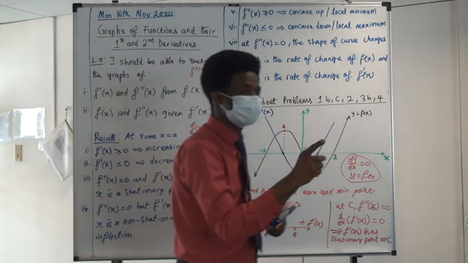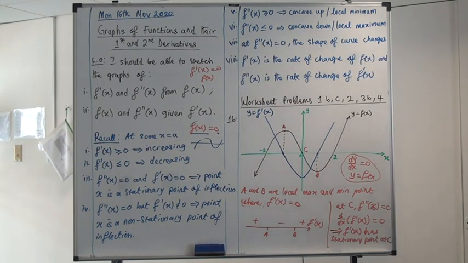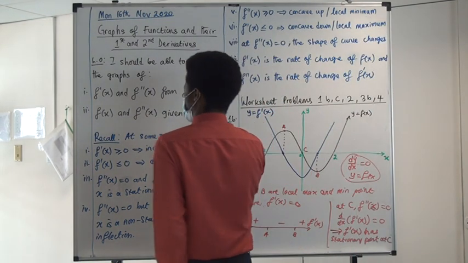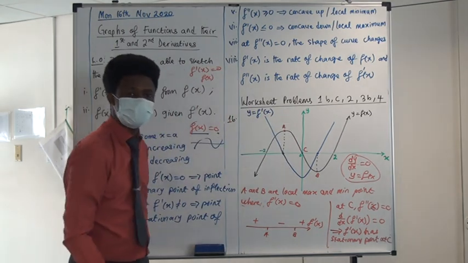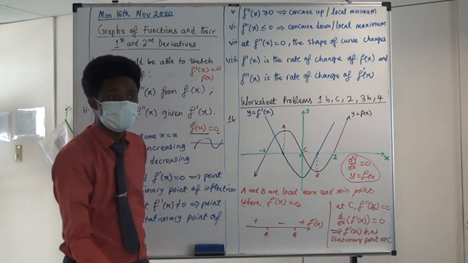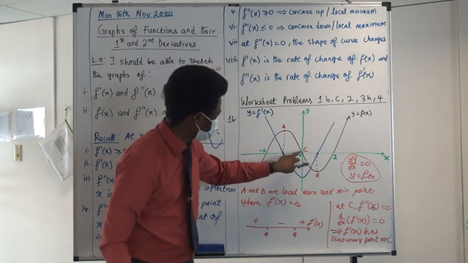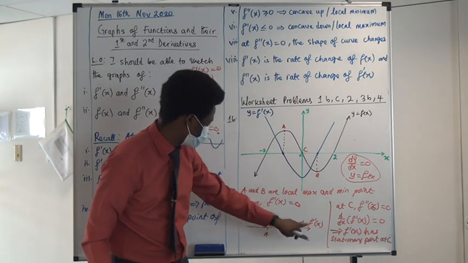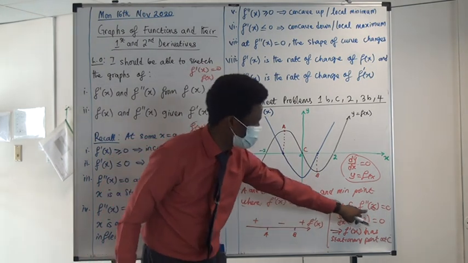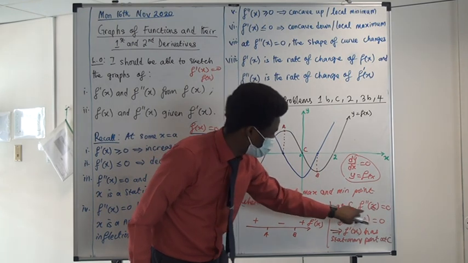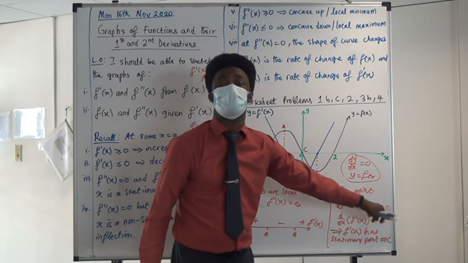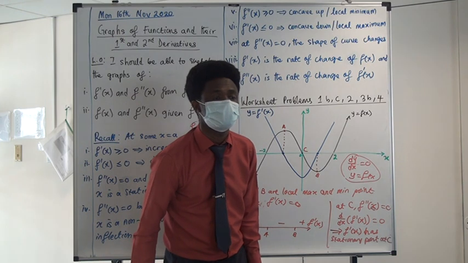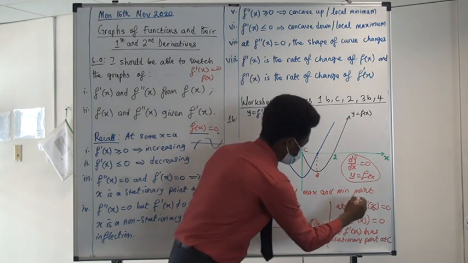Then the graph of the second derivative is easier. Clue number one: it will definitely be a line, because this is a quadratic, right? Then the next one is a linear. At the point of inflection, what happens? Second derivative is 0. So the graph you are looking for crosses the x-axis at the point of inflection. That is the implication of this.